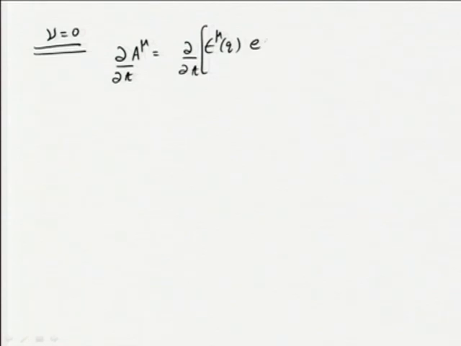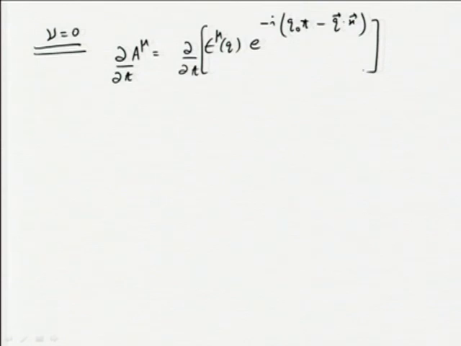Now let us take case by case. ν equal to 0 gives ∂/∂t of A^μ, which is equal to ∂/∂t of ε^μ(q) e^(-i q_0 t), and the rest of it is the 3-momentum dotted with the 3-coordinate x vector.